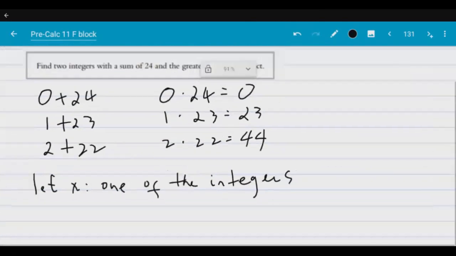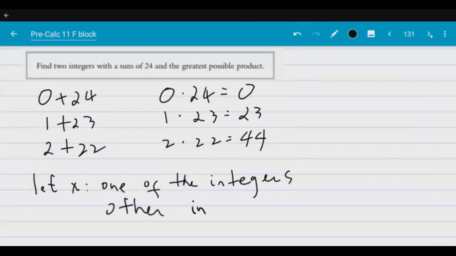Because there are only two, the other integer would be 24 minus x. Are you with me? If x is 10, to get the other integer, it would be 24 minus 10. If x is 5, the other integer is 24 minus 5.